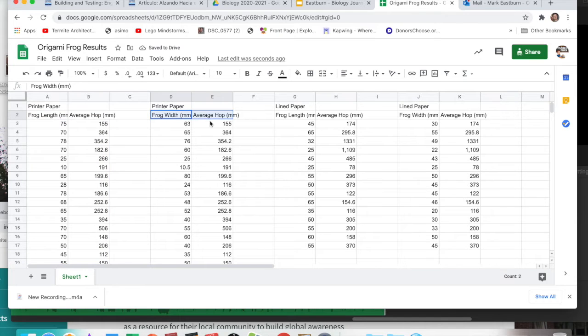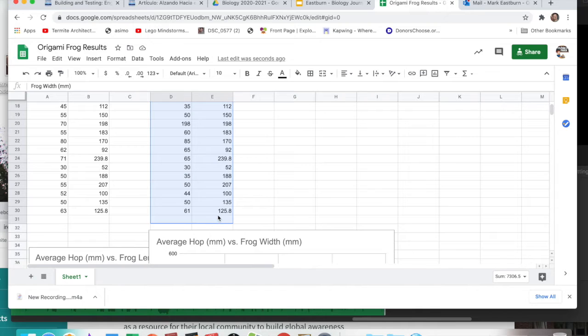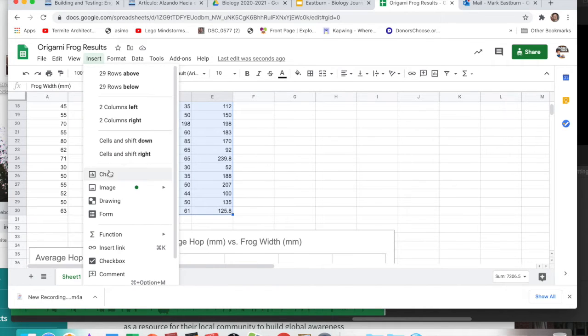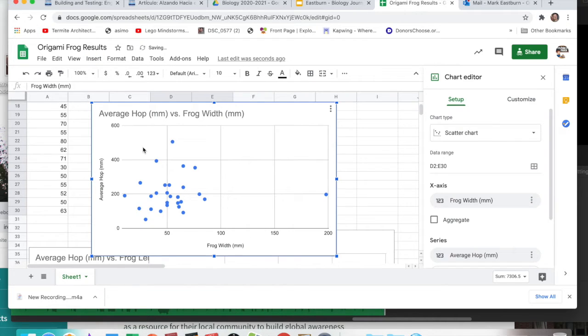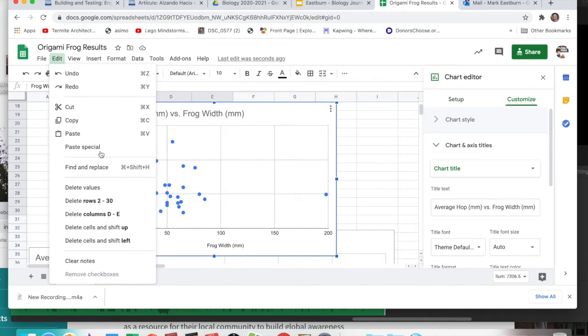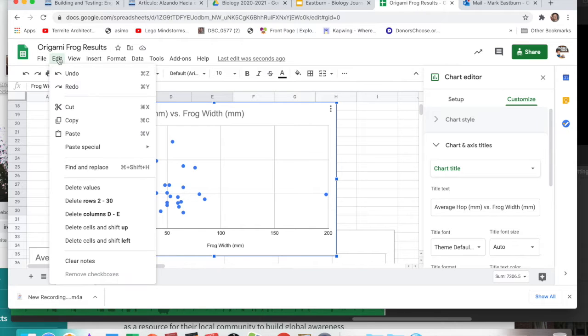Now I'm going to go with width for the printer paper. Now if you remember, this was one where we saw a result that might have been somewhat suggestive of what our hypothesis was. So I'll make this into a chart. Thankfully, Google Sheets will automatically make this into a scatter plot, which is the best way of representing the data that you see here.